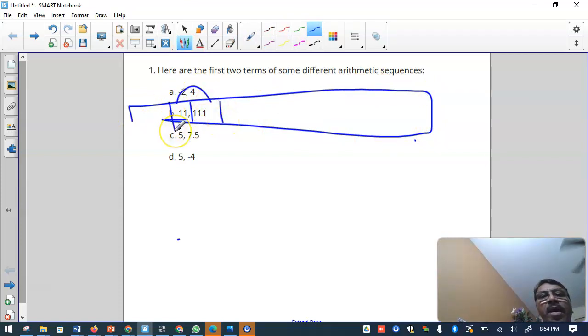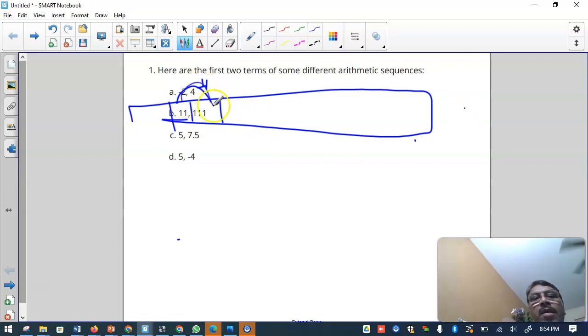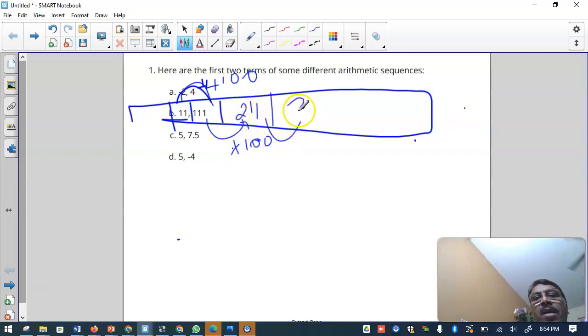Can you see this? So it is plus 100. Again you add another plus 100. So that means 211, and then again 311, and so on. So it's quite easy.